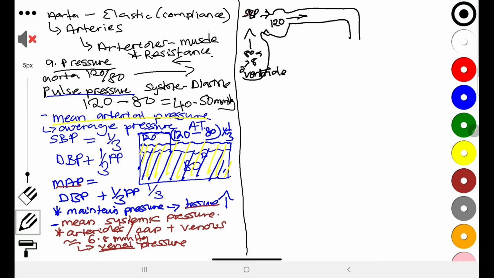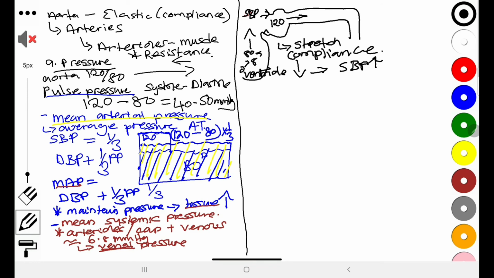All right, so then it's really dependent on what is going on during systole, and aside from that, it also depends on how stretchable the aorta is. So we're talking about compliance. If compliance goes down, we see that SBP increases.